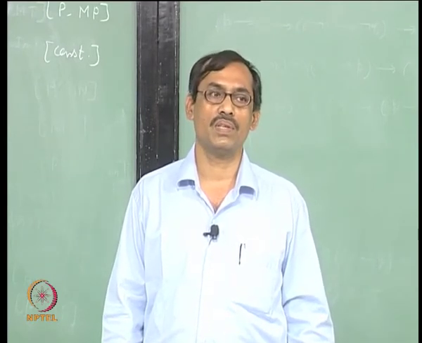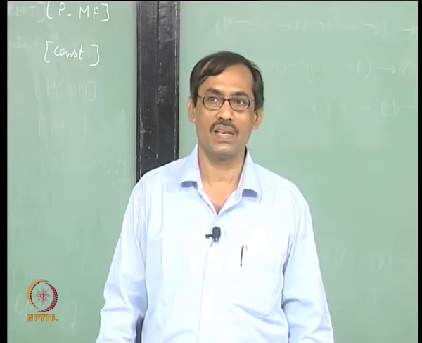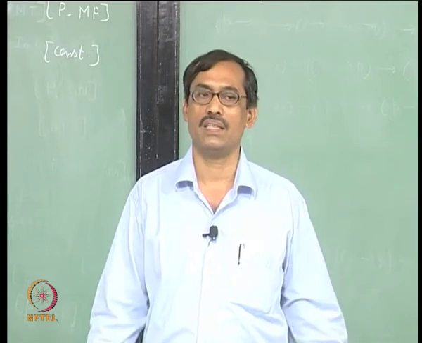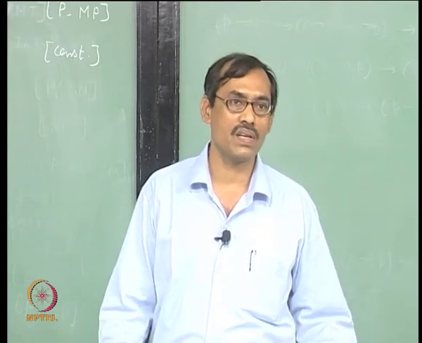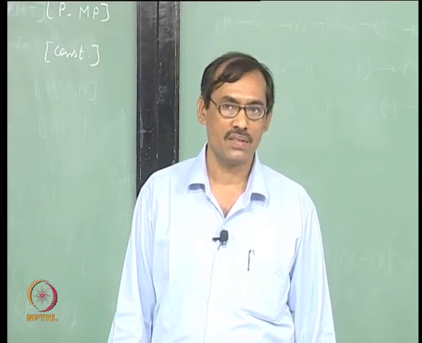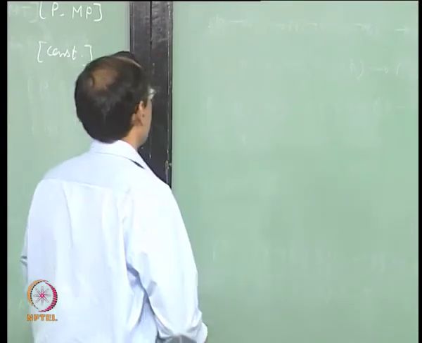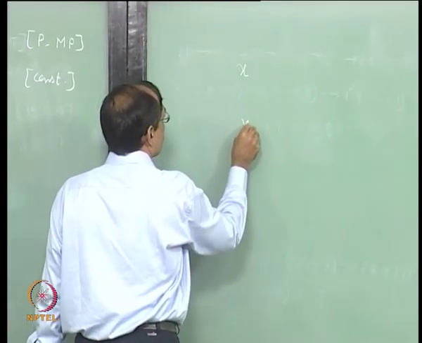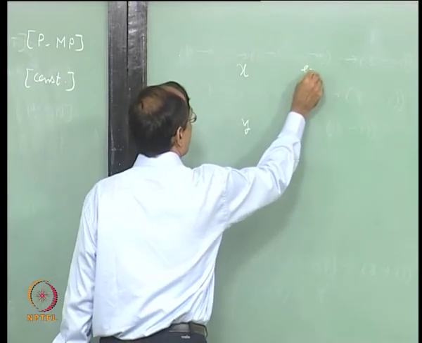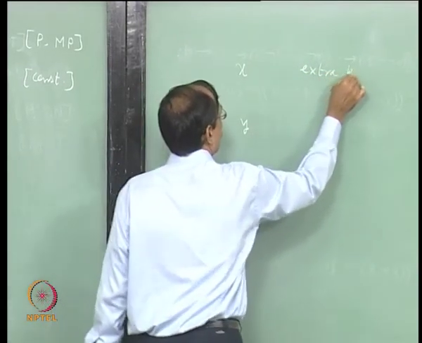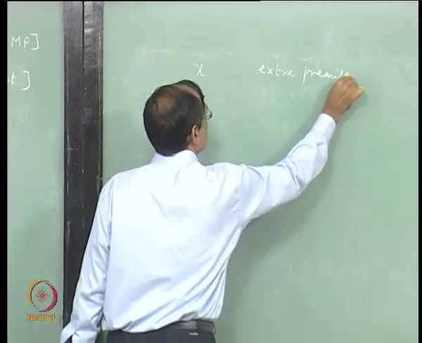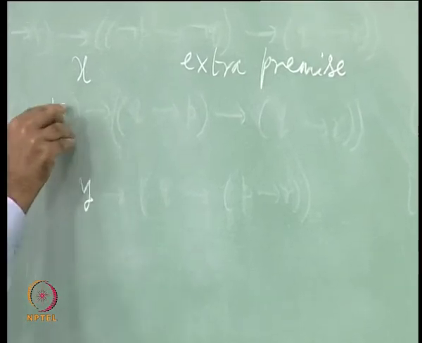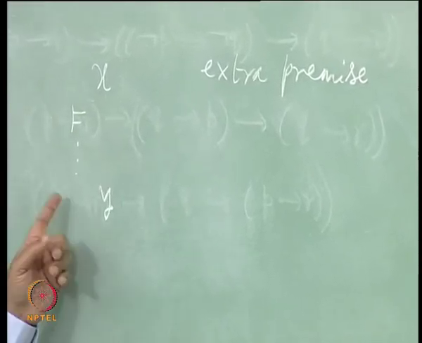So, the proposal is, what do we do? We forget equivalence, we just continue with entailment and do not write it, because everything is entailment. So, we will not write it at all, but then how to use deduction theorem, for example? So, we can evolve some schemes. For example, suppose I have x, I have y. So, this I am taking as an extra premise, and I see that by entailment relation all these entailments give me y.